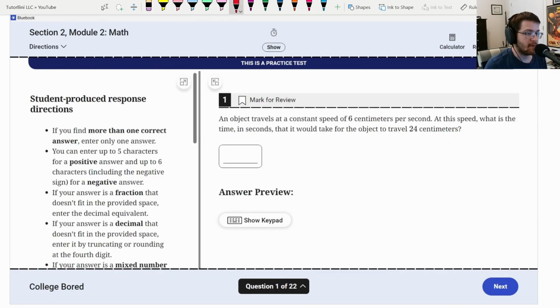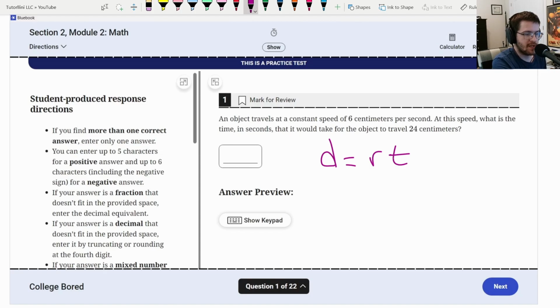Okay, this is the beginning of Module 2B. Question 1. So this question is testing us on D equals RT. And you'll notice that it wants us to get time by itself.